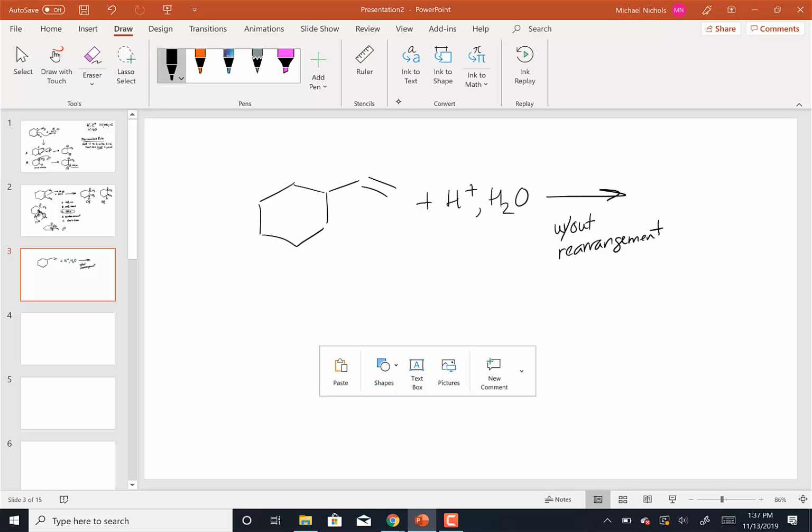So in the textbook, I think it was the last section that I had in the reading assignment, it said additions with carbocation rearrangements. And so you want to follow all the same rules that we had from before with those rearrangements.